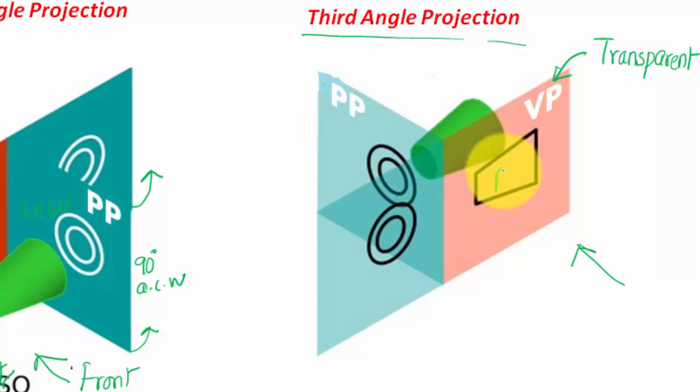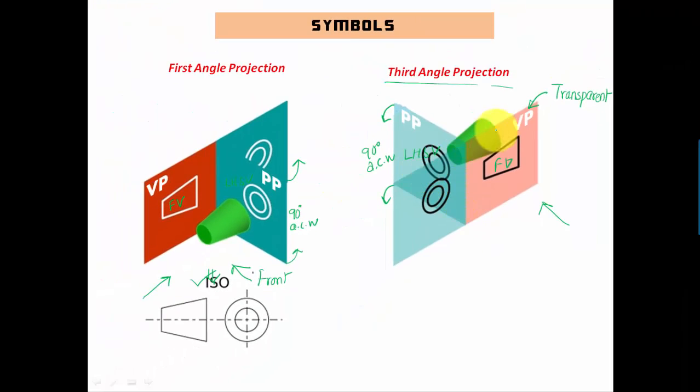So this is the front view, and this over here is the left hand side view. And when you rotate this profile plane in the anti-clockwise sense by an angle of 90 degrees ACW, you're going to have these two planes coplanar, in the same plane. And finally, when you draw this, it's going to look something like this. This is what you call the third angle projection system.